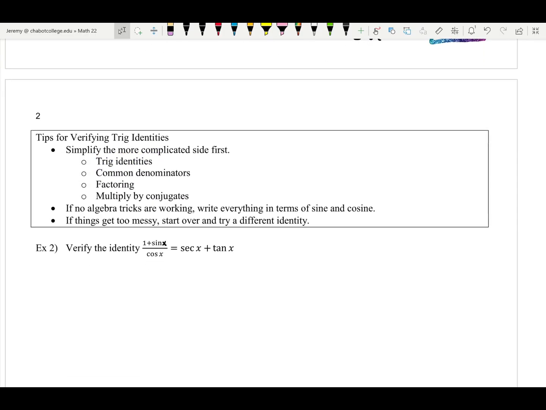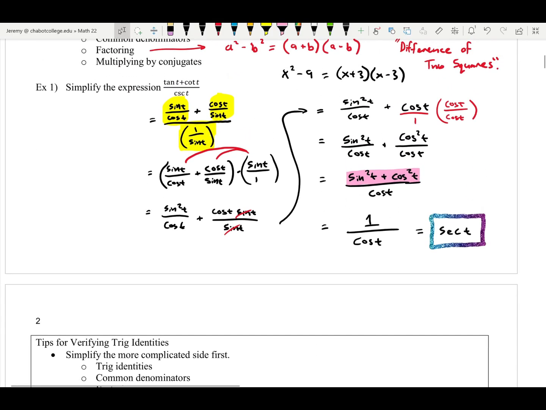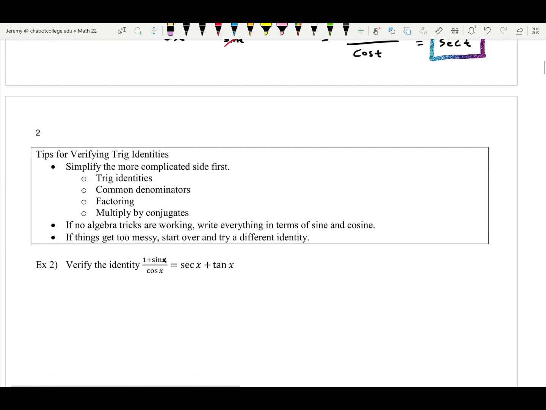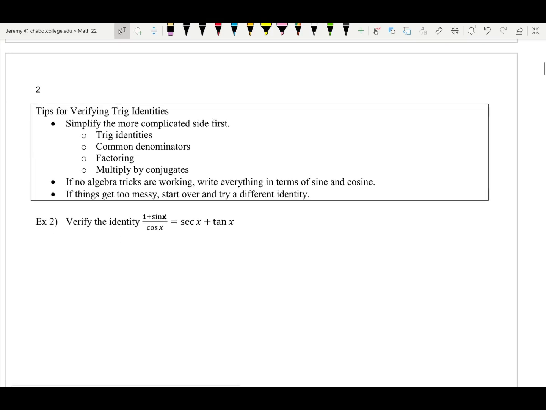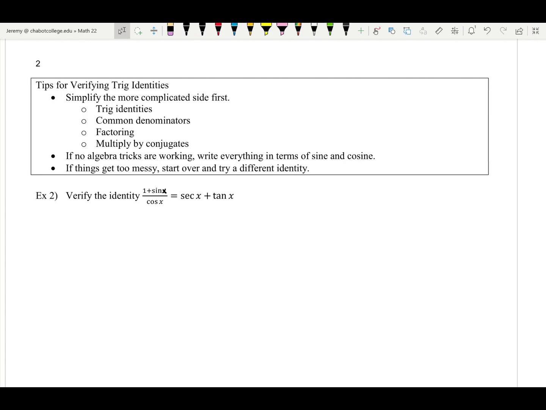We could use common denominators, just like we did in this step up here. Remember, right around here, we decided to get common denominators of cosine to add those two together. That's something we might do. Factoring, multiplying by conjugates, these are just different things that we might be able to employ in this journey of trying to verify an identity.